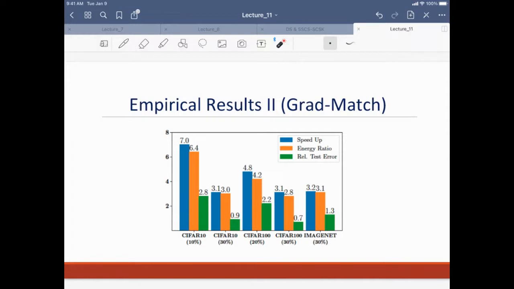So essentially, we can considerably speed up deep learning training and make it significantly more energy efficient, while not losing too much on accuracy. These are some of the results that GradMatch obtains.